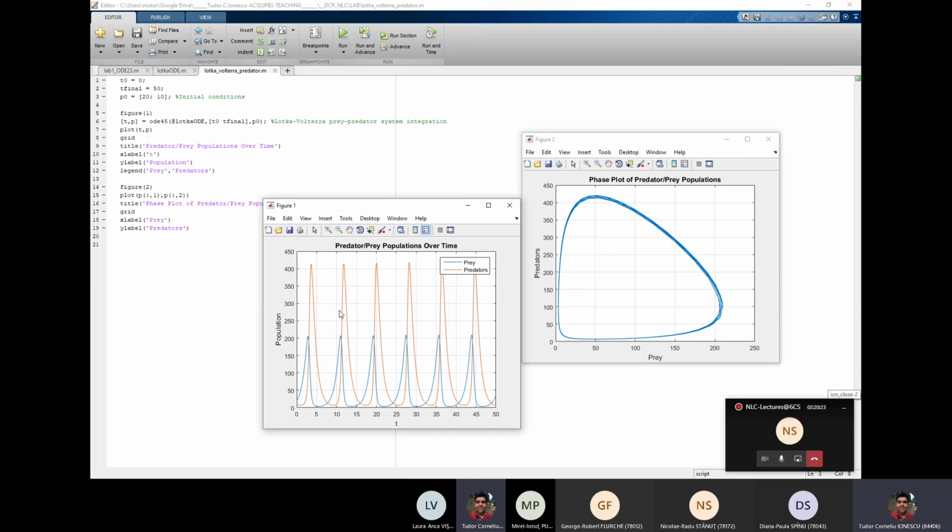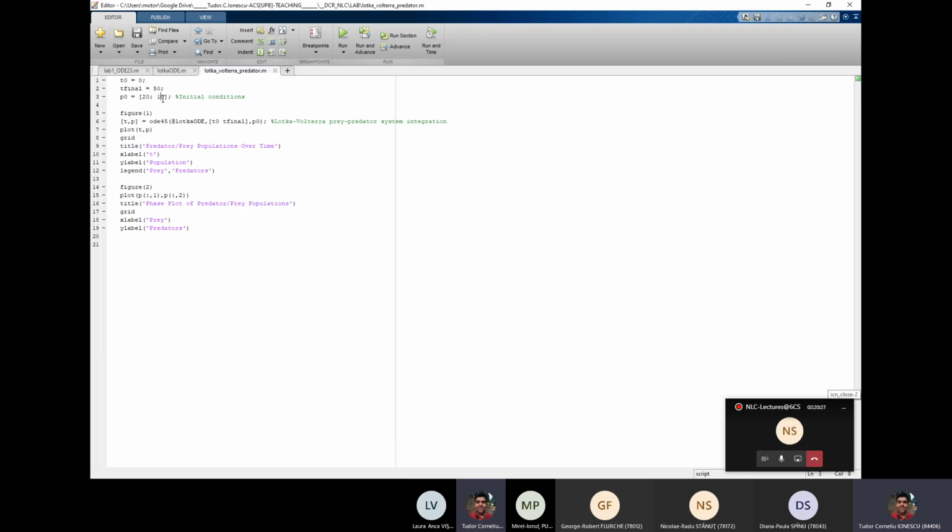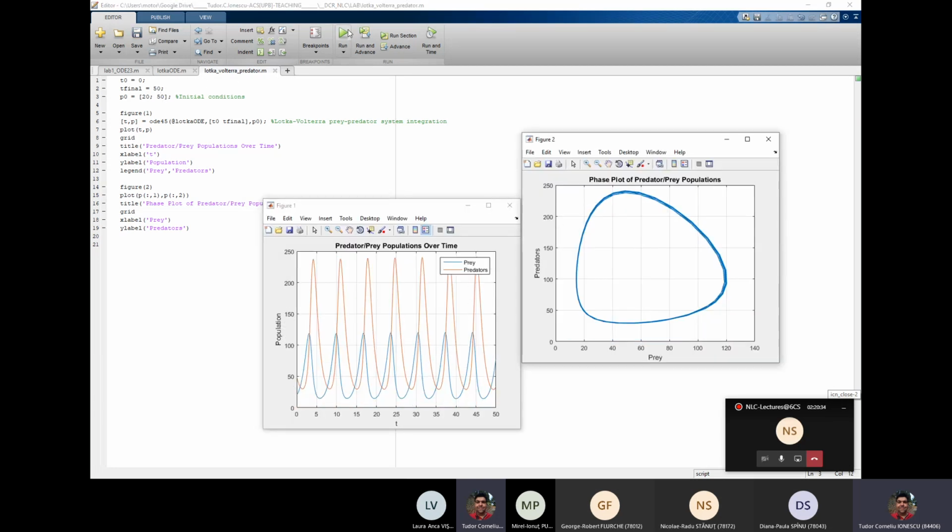If you put more prey and the same number of predators, the behavior stays the same. Now let's increase the number of predators. Look, the behavior is the same even if you have a larger number of predators. You see? So these are limit cycles. Okay.